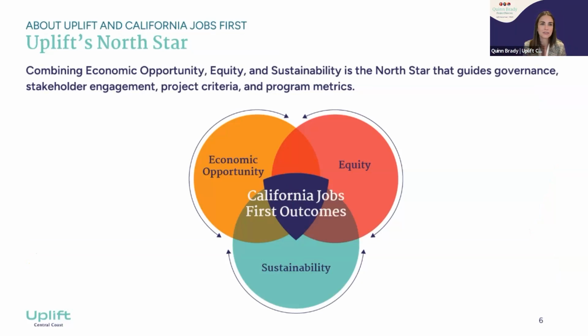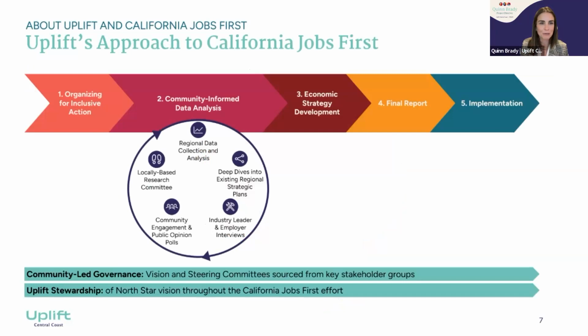Any strategy that you see come from Uplift over the next 6 months will combine these things to help support and partner with communities and organizations to create high road jobs that are equitable, jobs that have access for our community, that are also sustainable, and that promote and create opportunity for those who are struggling to get that opportunity for a variety of reasons, which we're going to talk more about in the research.